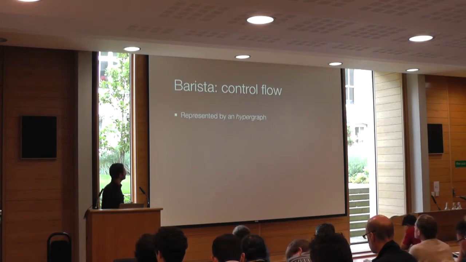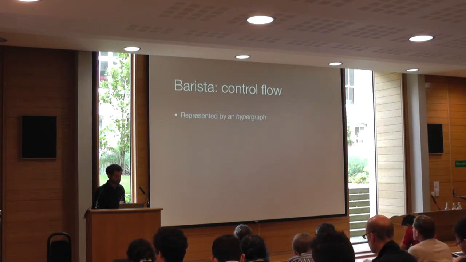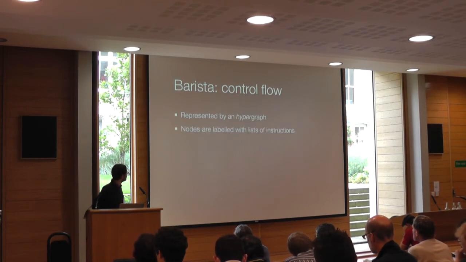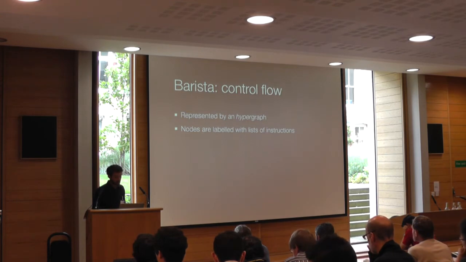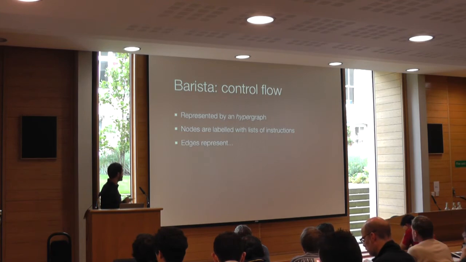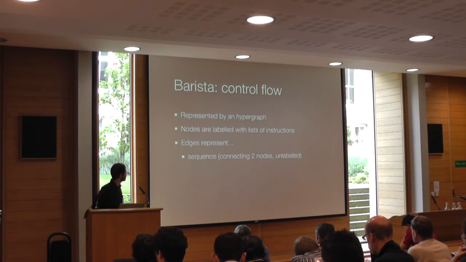What is also important is how you can represent the control flow of a function. It turns out that the easiest representation is to use a graph or neighbor graph, where nodes are labeled with a list of Java instructions. And you have edges that encode the control flow, and that have different kinds. You have a classical sequence edge that connects two nodes.